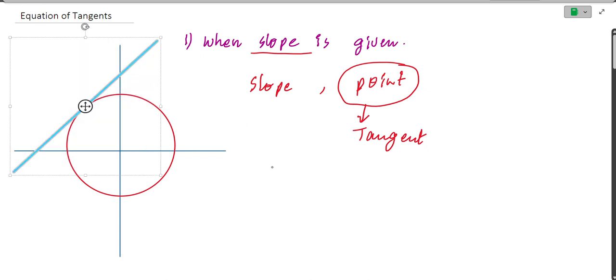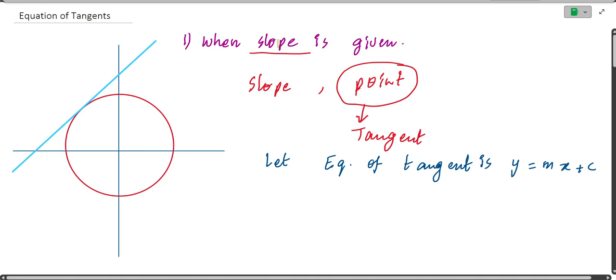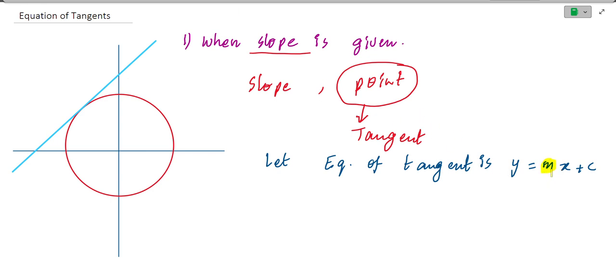So now I will assume that the equation of tangent is y = mx + c. Now I cannot change the value of m, because it is fixed. That is the meaning of moving the straight line in a parallel manner. So m is fixed here, but we don't know the c.